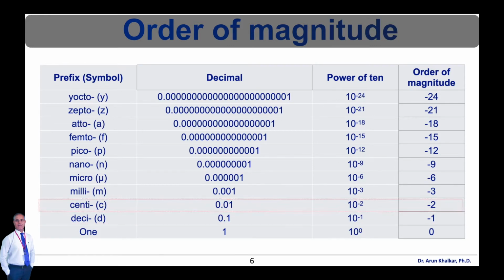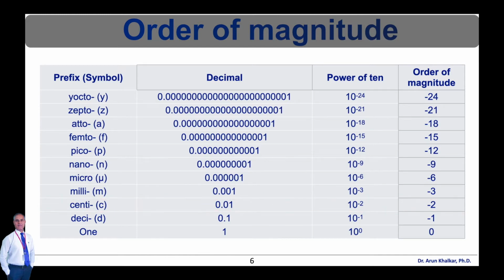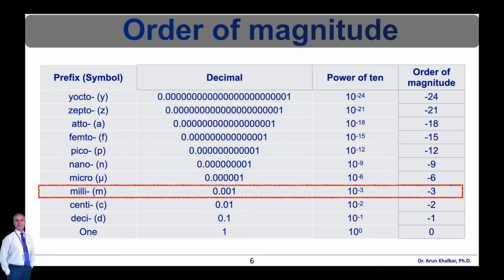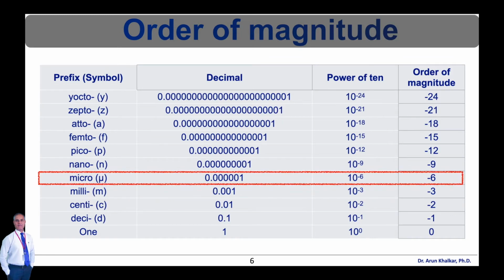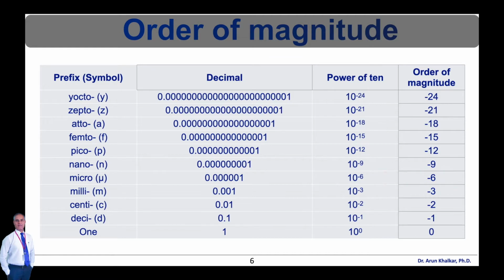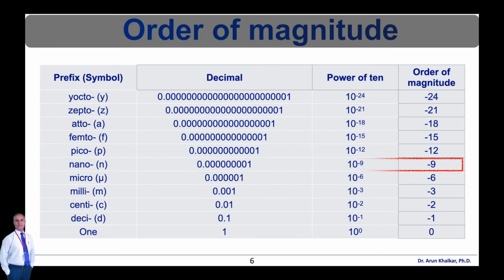Next is 0.01, called centi, with power of 10 being 10^-2 and order of magnitude -2. For milli, it's 10^-3, order of magnitude -3. For micro, it's 10^-6, order of magnitude -6. For nano, 10^-9, order of magnitude -9.